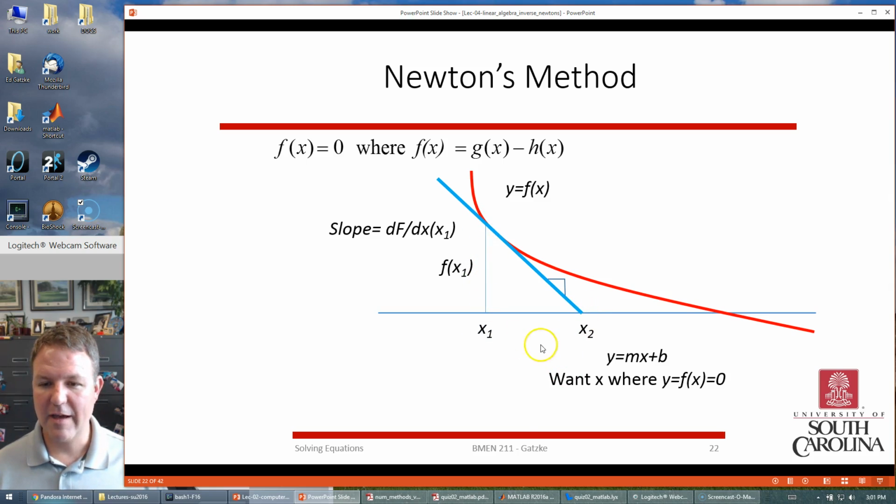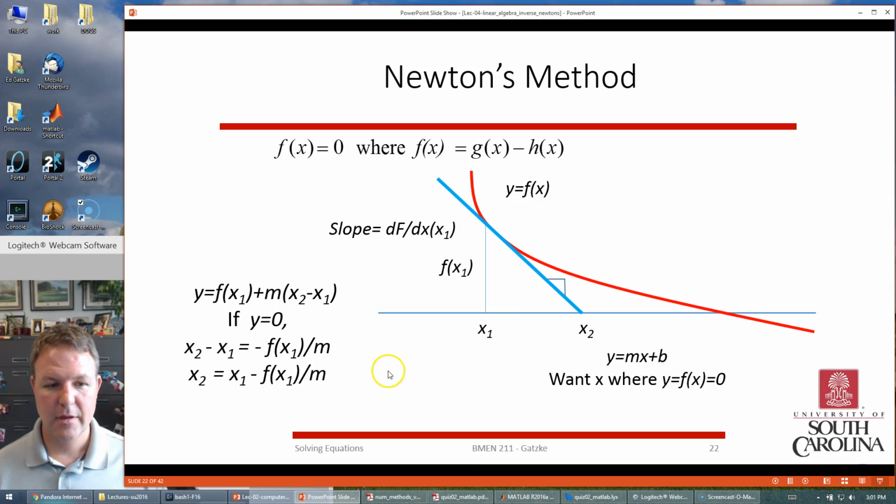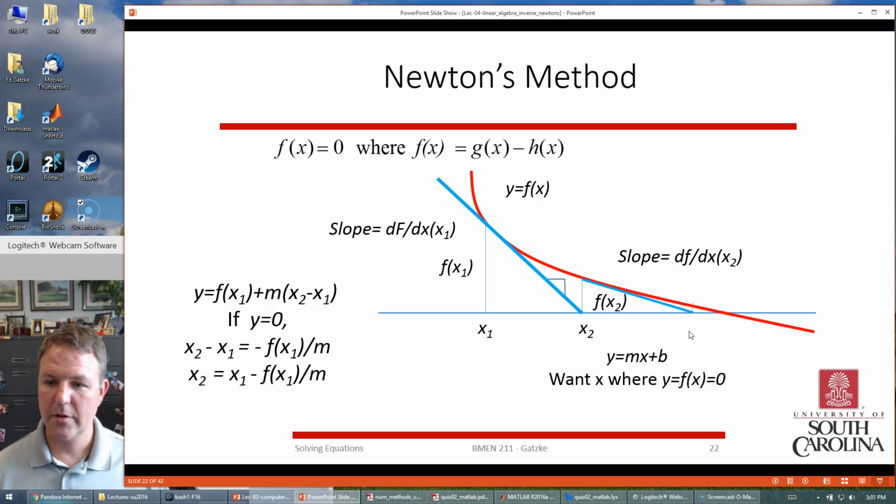We take that function for our next iteration after solving these functions analytically, this nice linear function, and we can solve for the next value. So we basically say f of x is this value. We know the slope. Let's make a line out of that. We can iterate for a third iteration.